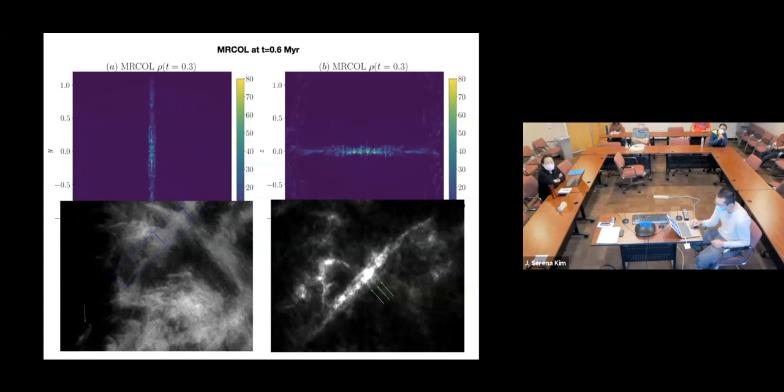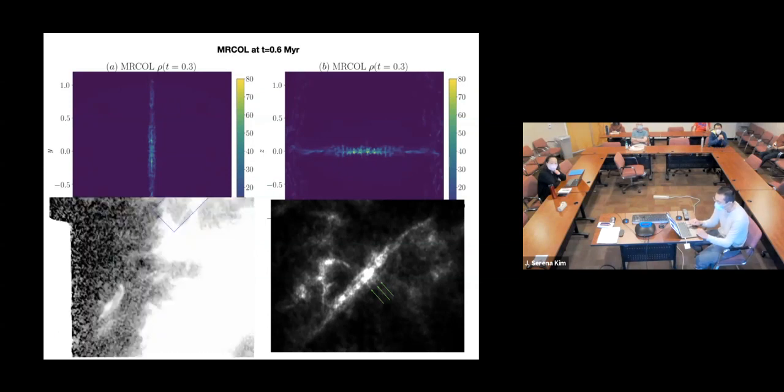Here, I just want to show the 13CO map. 13CO map is optically thick in the body part, but you can see at the tail, there's this fork-like structure on the lower left. I'll just change the color scale. You can see it probably more easily.